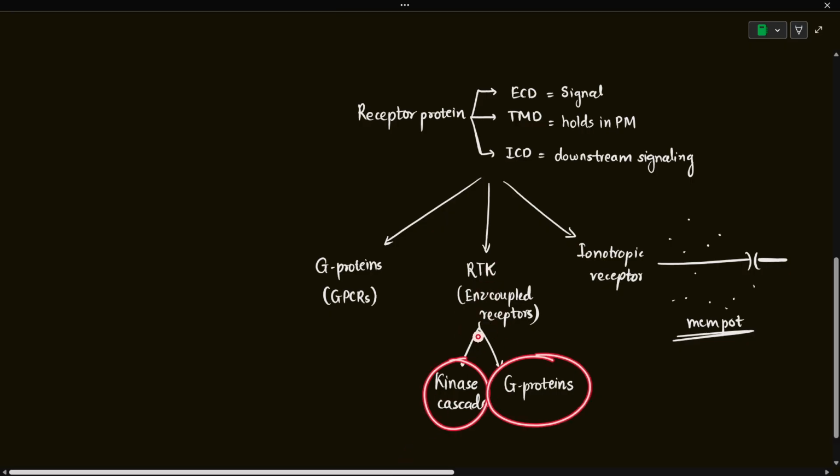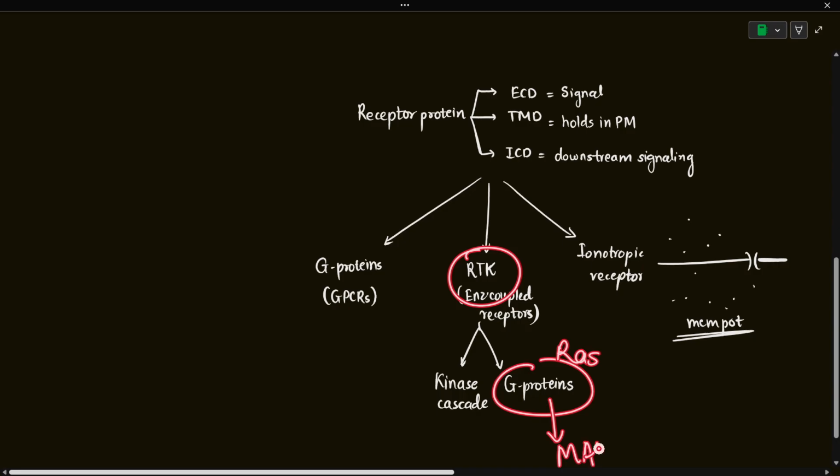The direct kinase cascade activation will be seen in PI3 kinase signaling, right? Or even the G proteins are also switching on kinases in the case of the RAS MAP kinase module. So activated RTK will activate the RAS protein, which is a G protein, which will activate the MAP kinase module.